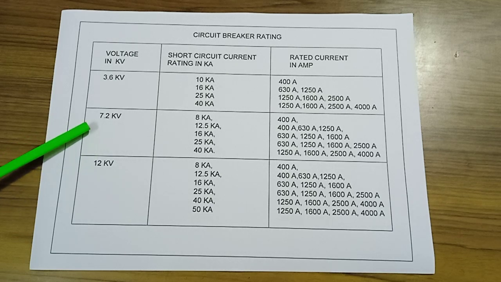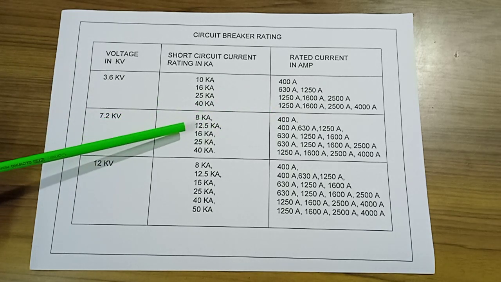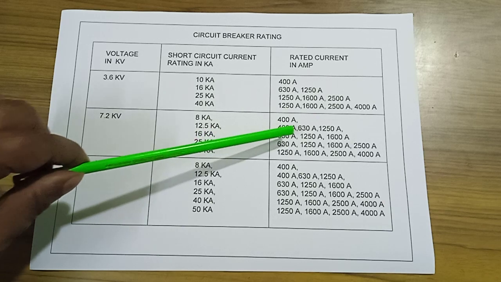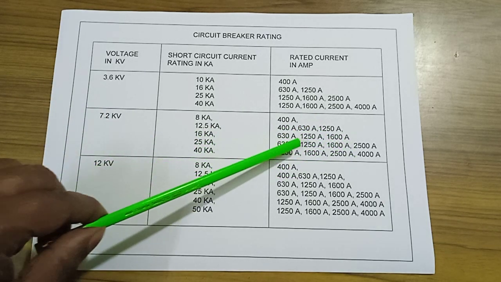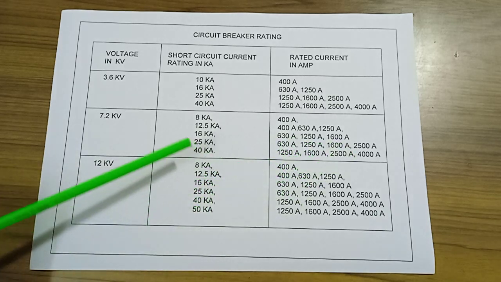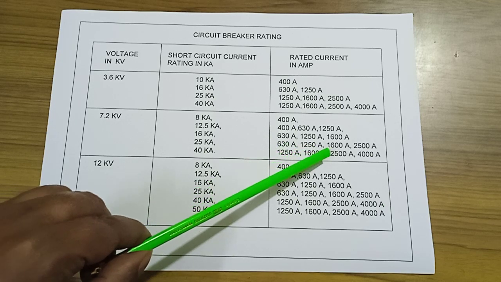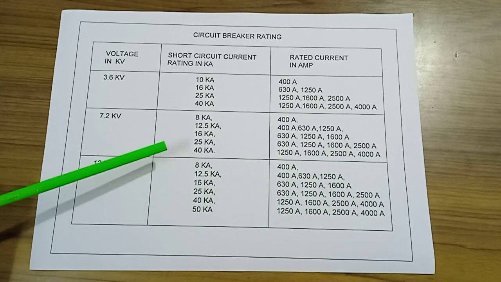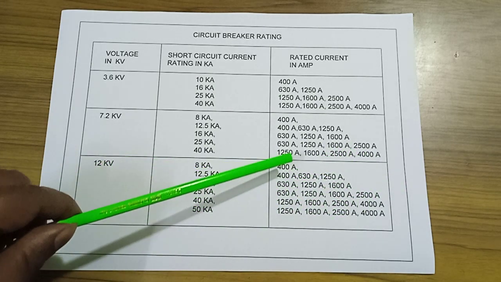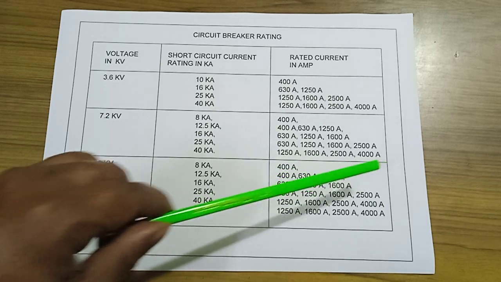For 7.2 kV: 8K, 400 ampere; 12.5K, 400, 630, 1250 ampere; 16K, 630 ampere, 1250 ampere, 1600 ampere; 25K, 630 ampere, 1250 ampere, 1600 ampere, 2500 ampere; 40K, 1250 ampere, 1600 ampere, 2500 ampere, 4000 ampere.